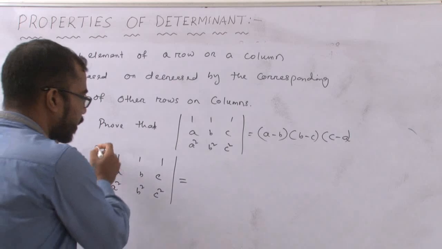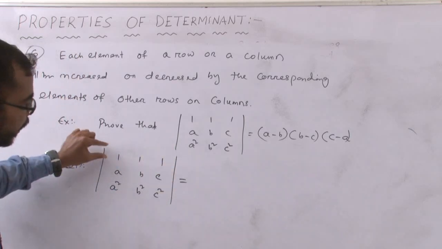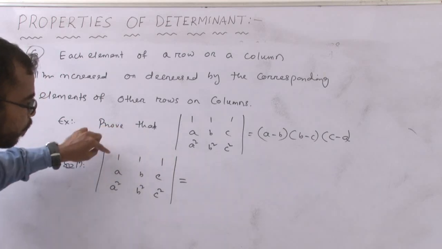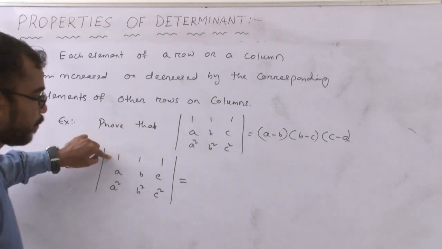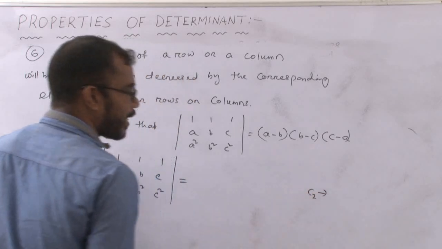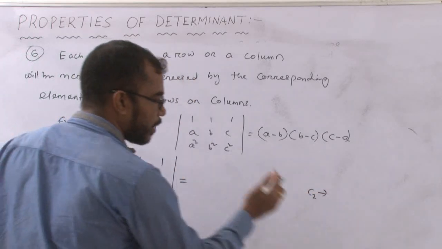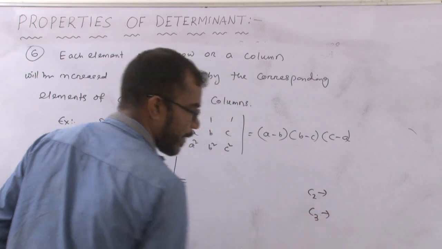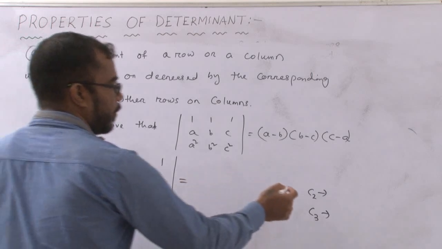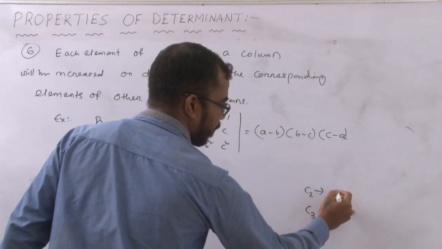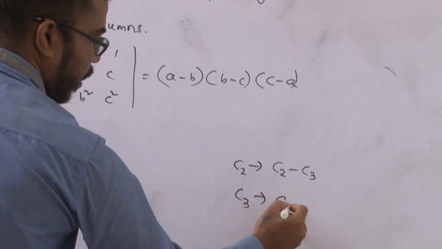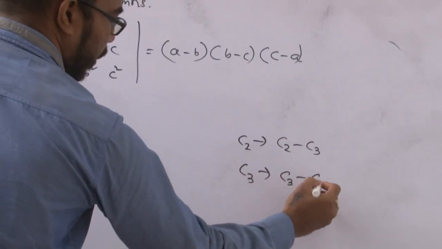Okay. So here in this determinant, in the first row, all elements are the same, so we can subtract column from column. We take column 2 and column 3. In column 2 we subtract column 3, and in column 3 we subtract column 1.